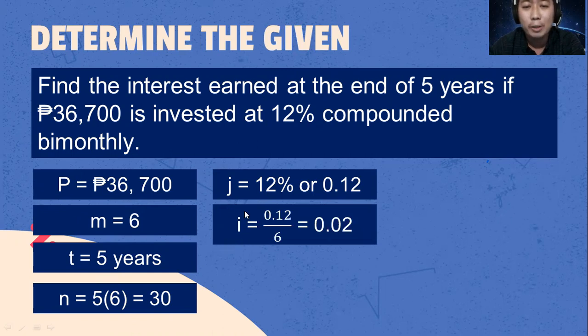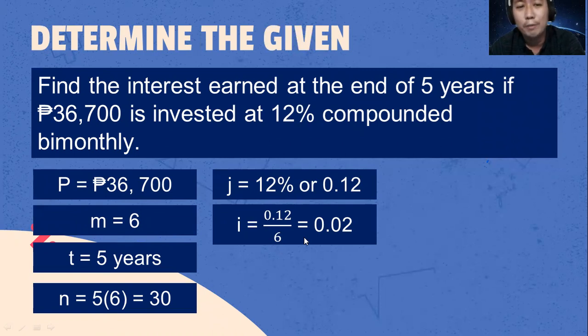And we are going to solve the value for i by dividing j by m. So that is 12% or 0.12 divided by 6, the number of conversions per year. So 0.12 divided by 6 is 0.02.